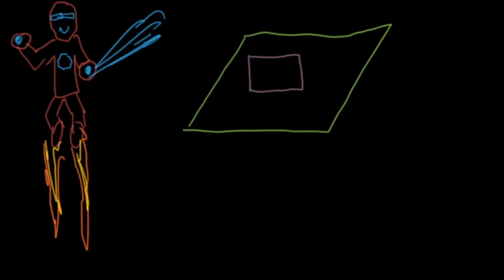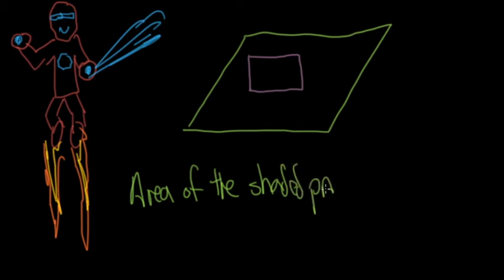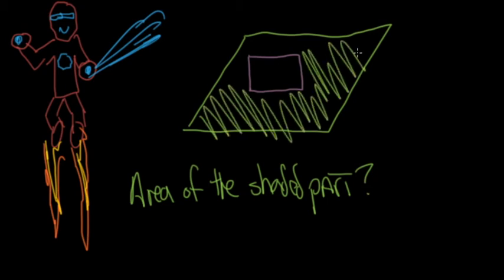And I want to know, what is the area of the shaded part? Now you might be sitting at home saying, wait a second, there's nothing shaded. I know, just wait. So there we go, nice little shading, and we're all good.